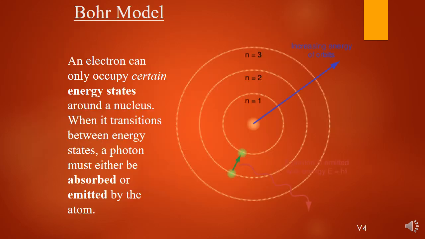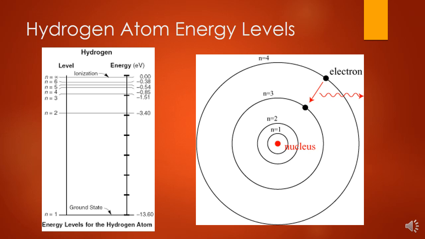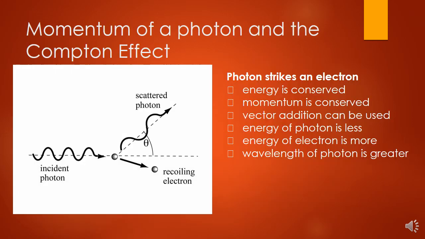And the Bohr model of the atom, just like the other presentation: each level is associated with a different amount of energy, and photons absorbed cause the electron to jump up, and when the electron jumps down, photons are emitted. And again, just like the other lecture, I'm just showing the chart compared to the Bohr model.